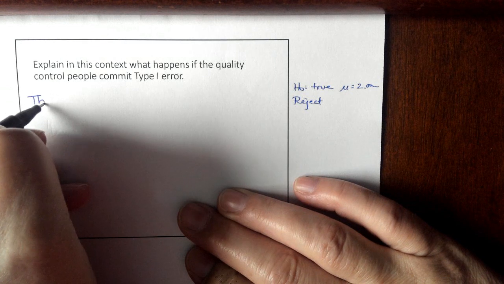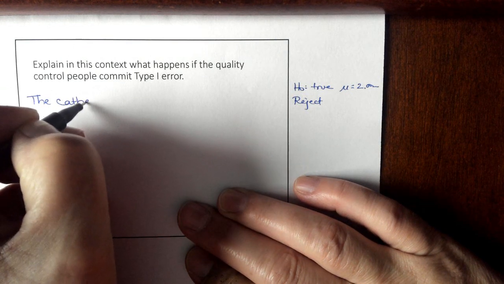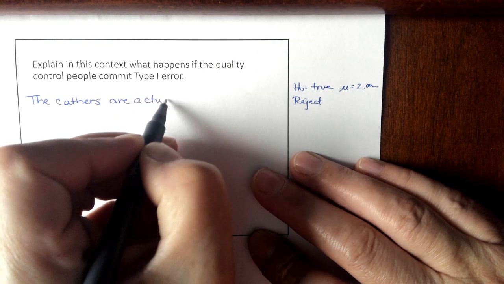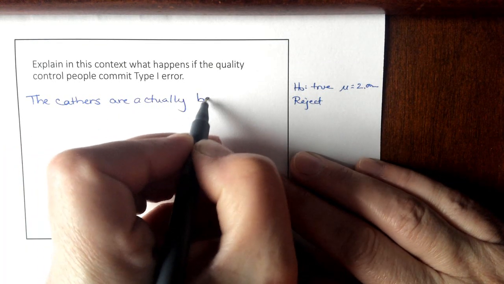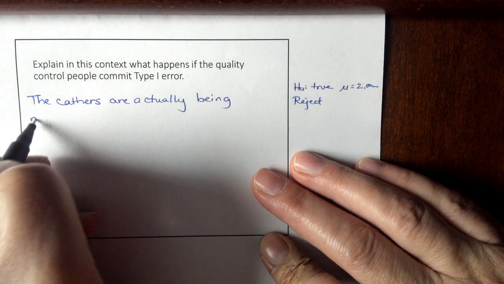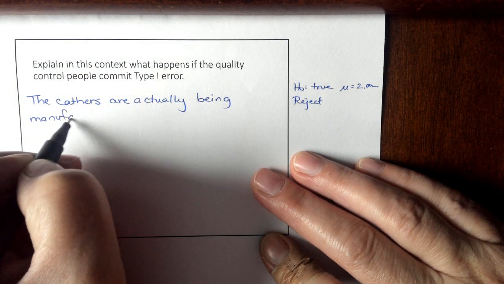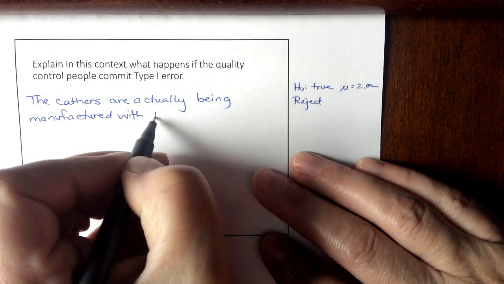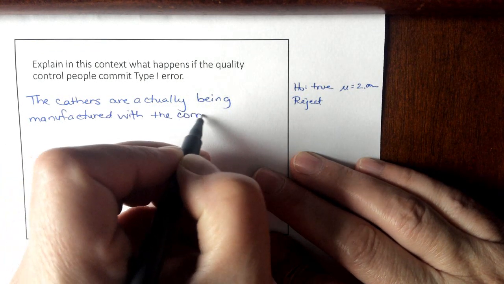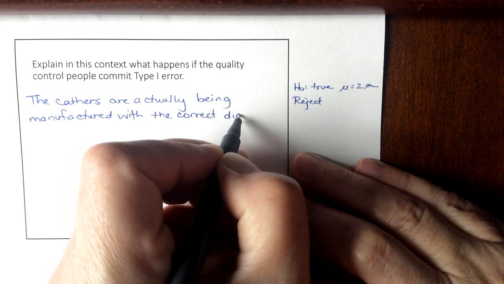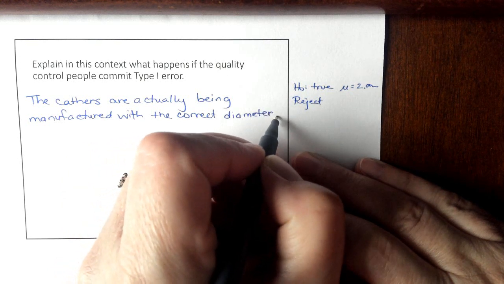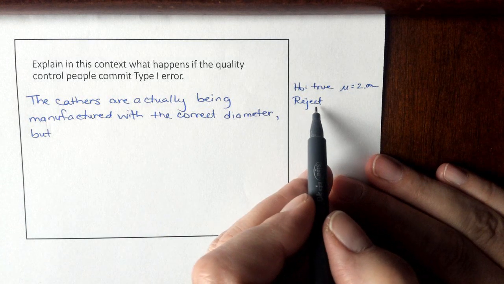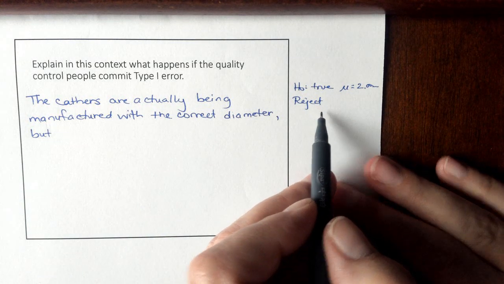So let's start with that. The catheters are actually being manufactured with the correct diameter, but if we reject it, that means we don't think they're the correct diameter.